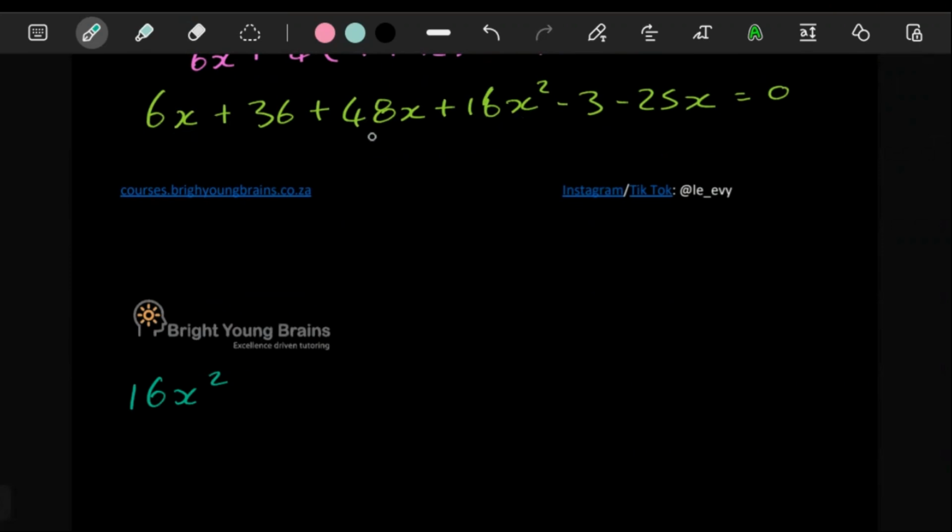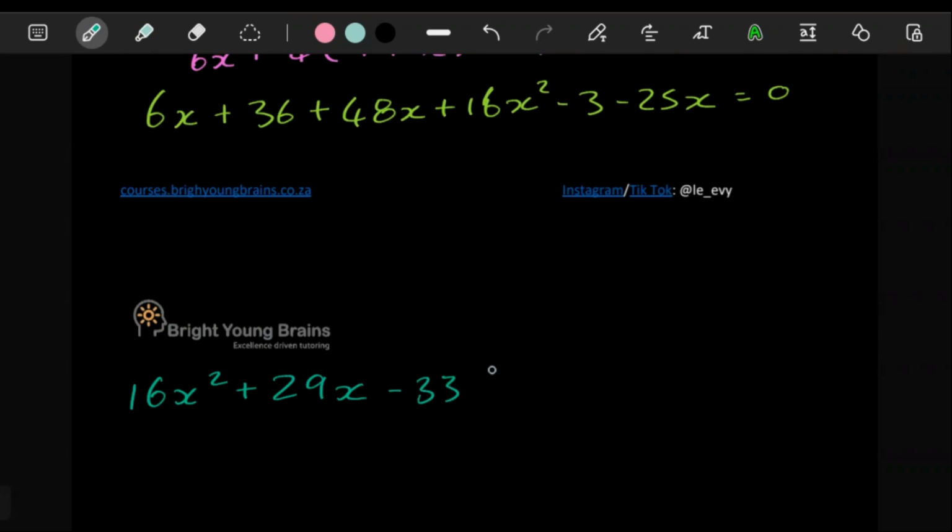So here now, 6 plus 48 minus 25. That's giving us 29x. And 36 minus 3 is 33.